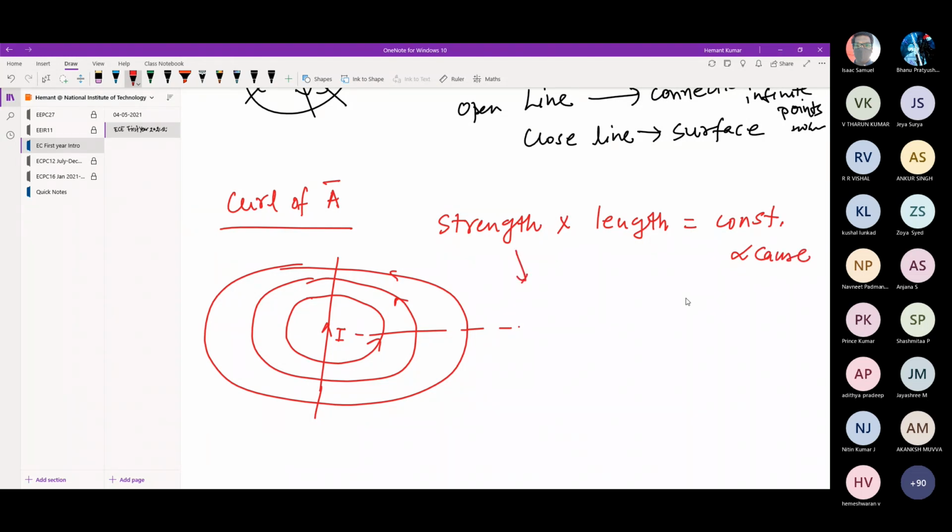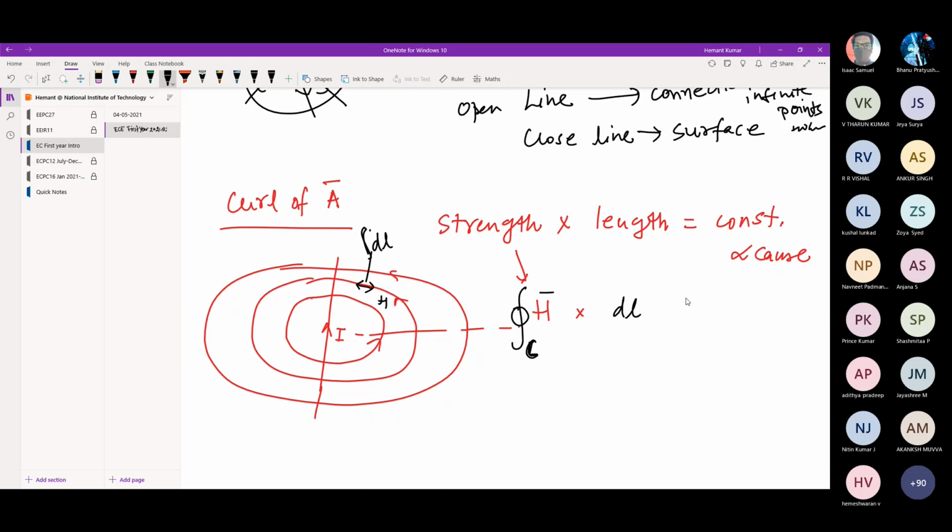Here the strength, we have a magnetic field, and the length, we have a dl length. Suppose I am assuming a small length dl. Okay, so we have a dl, and the magnetic field, if this is H, then the total magnetic field will be the integration all over the closed line.